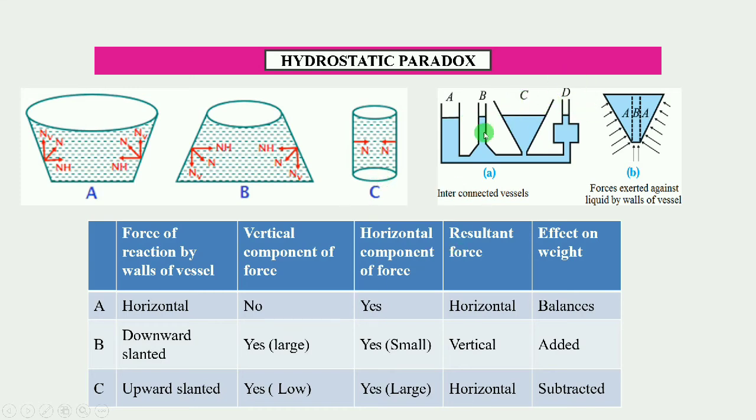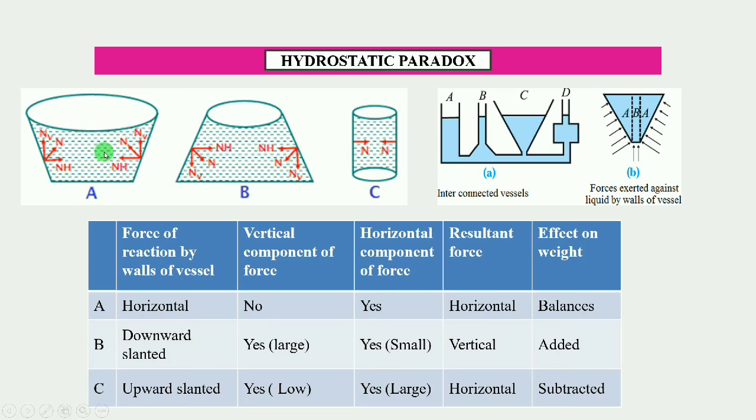Likewise, if you are containing interconnected vessels like A, B, C, D as given in the figure, the force exerted by the liquid at the base of the vessel will be the same. How it is the same, we just discussed: the normal reaction by the wall on the liquid, then the component of normal reaction.